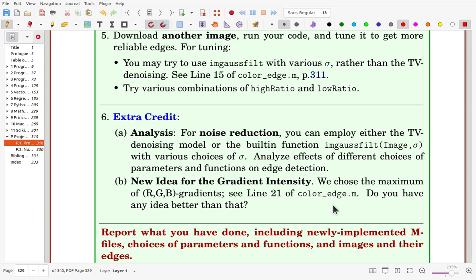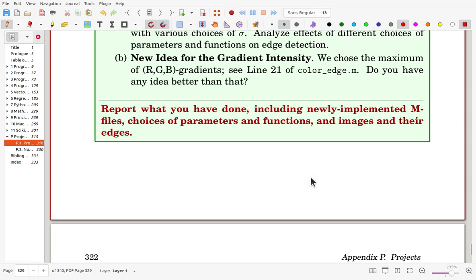So if you test some new idea, then also try to add your experience to the final result. Okay. Report what you have done, including newly implemented M files, choices of parameters and functions, and images and their edges. That's what you will do. Okay. Thank you.